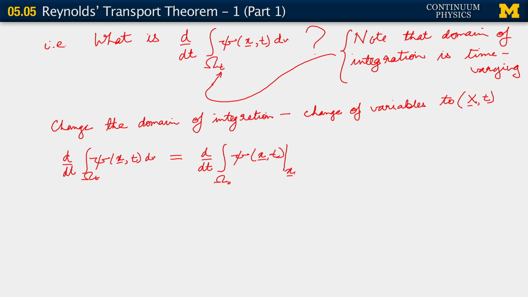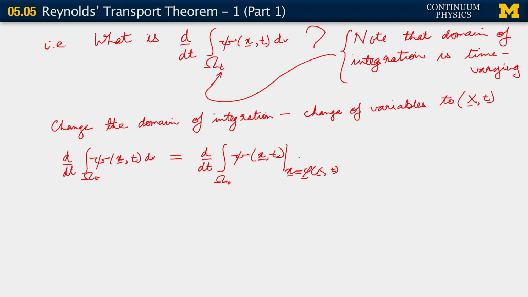So we're going to say here little x is not just any old little x, but little x equals φ of capital X comma t. Okay? Now, we need to do something. If we've changed the domain of integration, effectively the limits of integration, we also need to change that elemental factor that we use in integrals, right? The differential, as it's sometimes called.